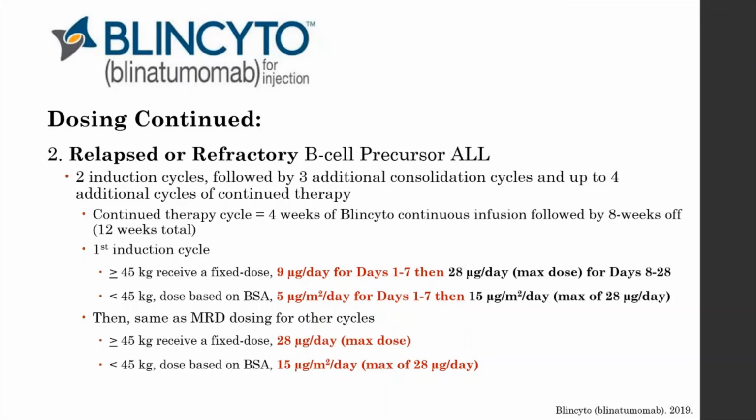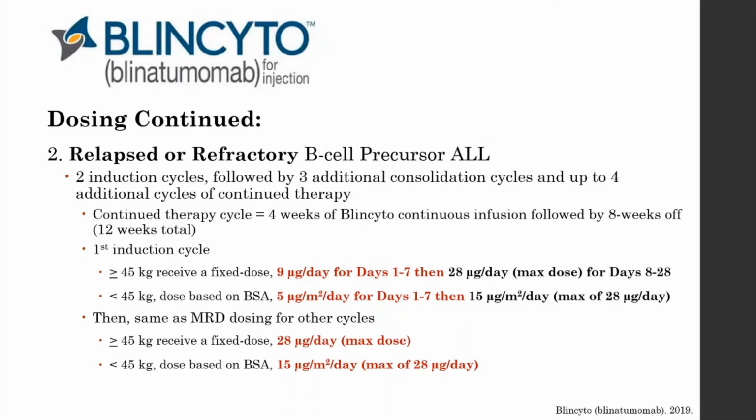And the only difference between this dosing and the previous dosing for minimal residual disease is the first induction cycle, where patients get a reduced dose for the first 7 days. But it's still based on weight, so patients greater than or equal to 45 kilos still get a fixed dose, but it's reduced to 9 micrograms per day for the first 7 days, and then it goes up to the 28.